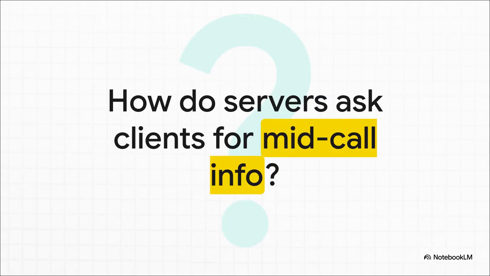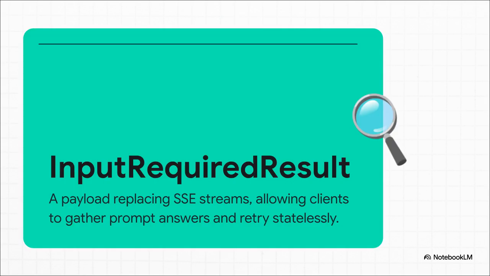Okay, but what happens mid-call? Without a persistent connection holding the door open, how does the server pause to ask the client for something? Like, what if you need to throw an elicitation prompt to ask the user to confirm a file deletion before proceeding? Enter the input required result. This is such an elegant solution. Instead of trying to hold open a server-sent event stream, the server simply drops this payload.